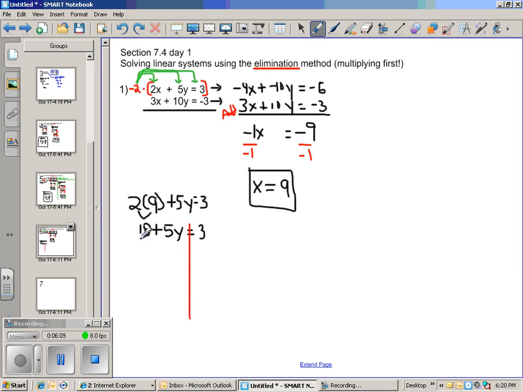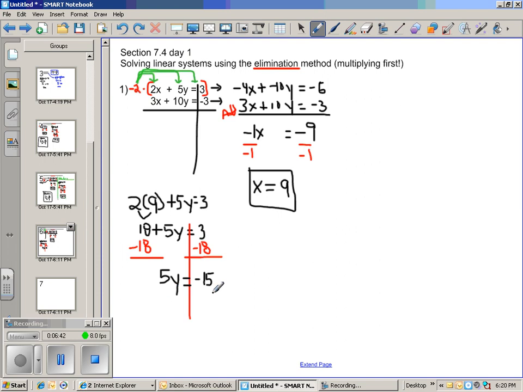We need to move the 18 over to the other side, so we're going to subtract 18. And here the 18s are going to cancel out. They'll add up to 0. 5y is left over here. And 3 plus negative 18 is a negative 15.